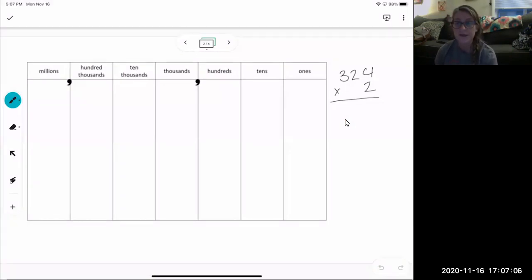So the first thing we're going to do is we're going to represent 324 in our place value chart. So go ahead and do that on your chart while I do that on my chart.